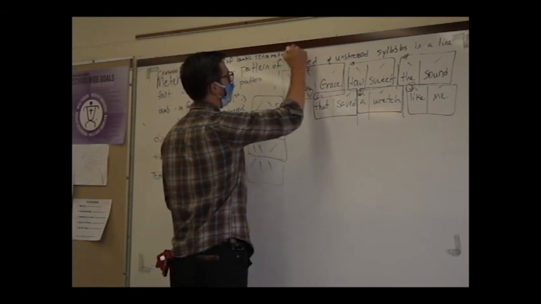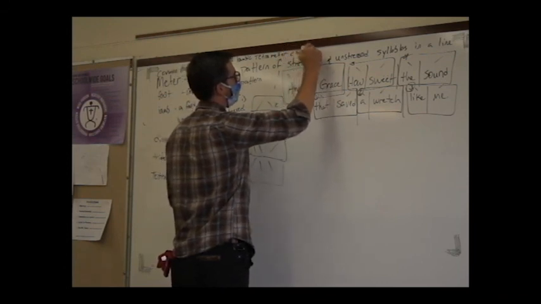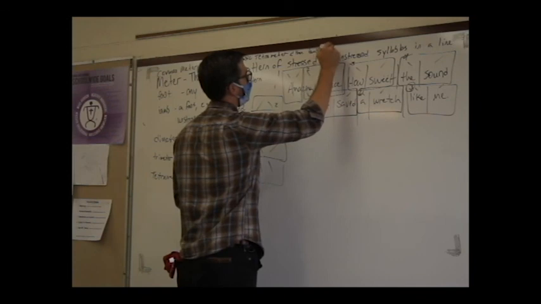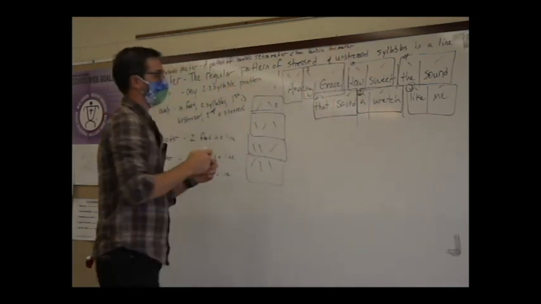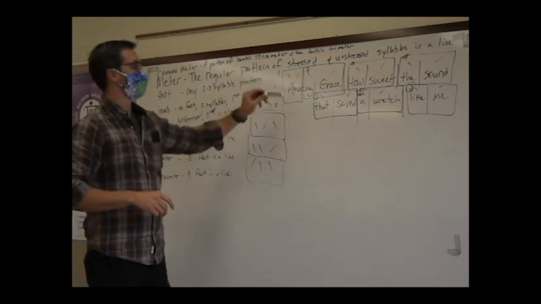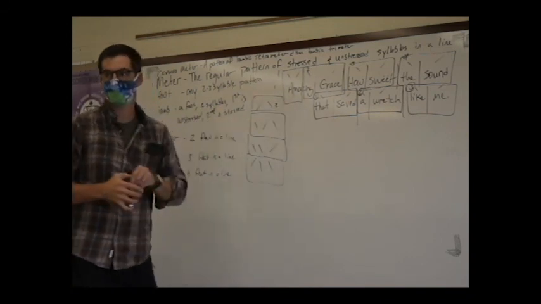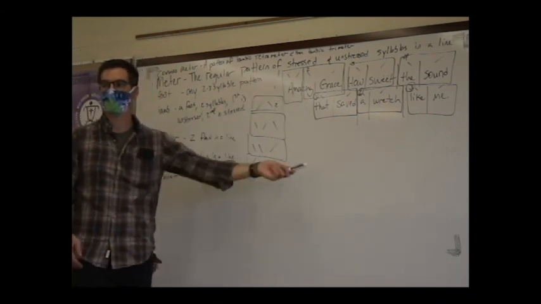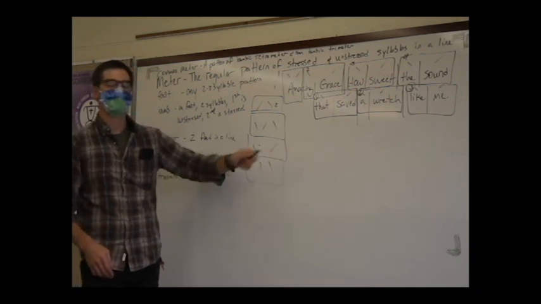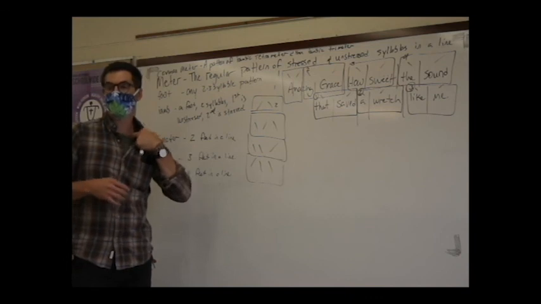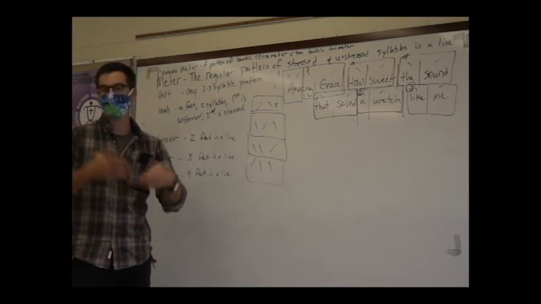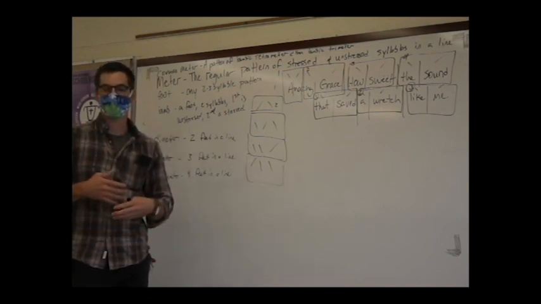And then iambic trimeter. So that's going to be a pattern of 8 syllables and then 6 syllables. And then it repeats. Again, the next 2 lines are 8 syllables, 6 syllables.